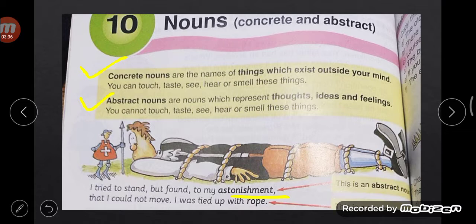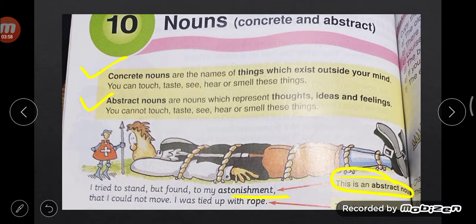I was tied up with rope. Astonishment means a state of shock, being shocked, surprised, or amazed. So here the arrow is showing that astonishment is an abstract noun, because it is telling us about a state. It is not something we can touch; we can just feel it. It's a kind of feeling.